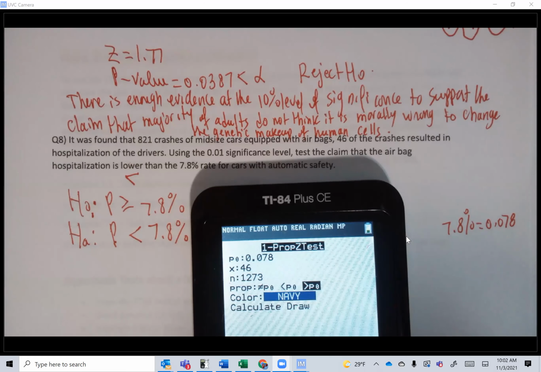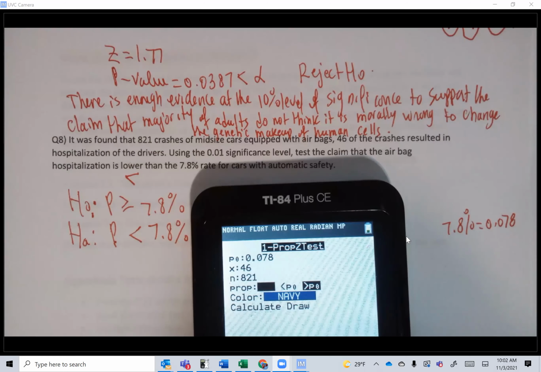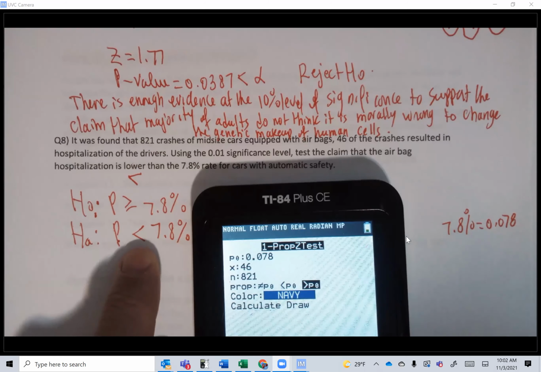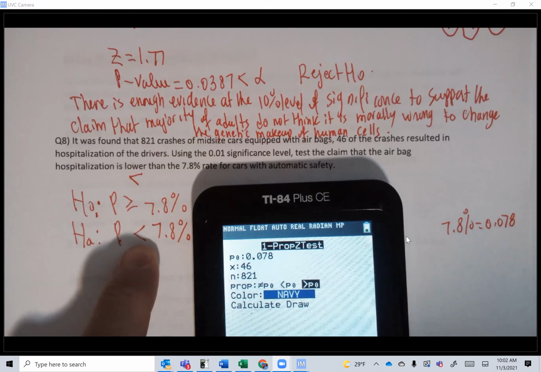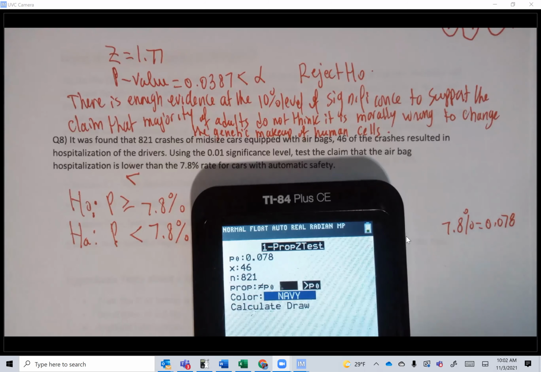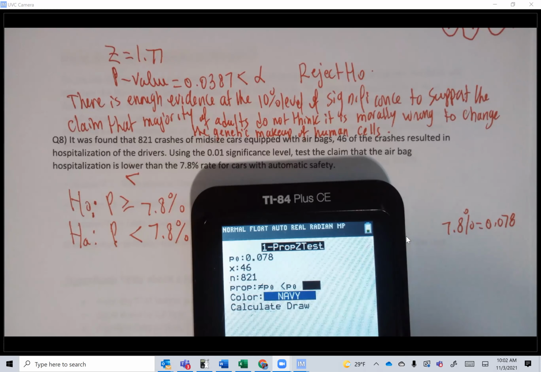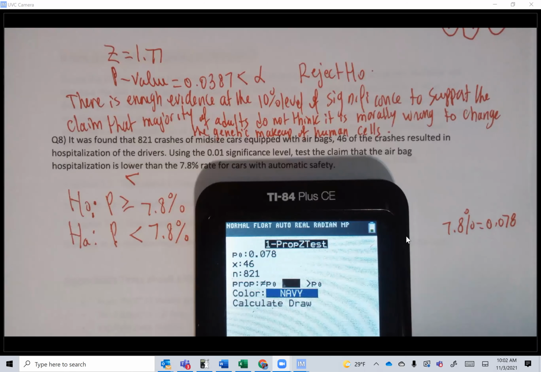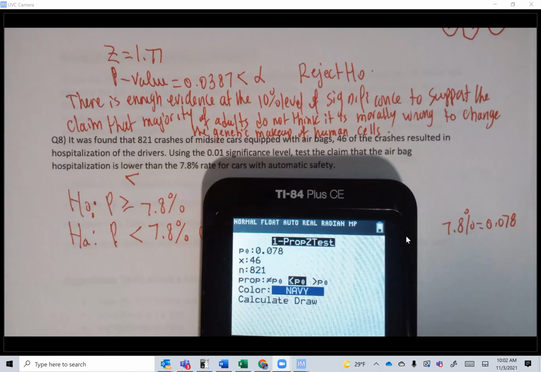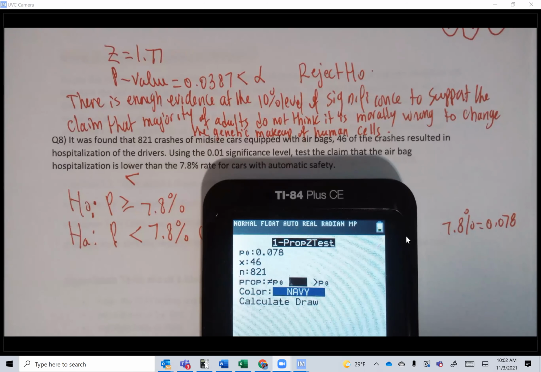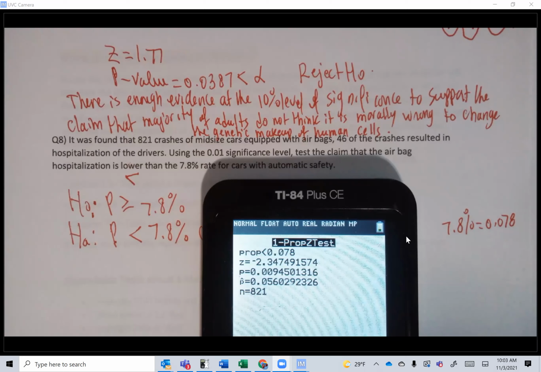N is 821. And choose the proper sign, which is less than. So Z, guys, is negative 2.35.